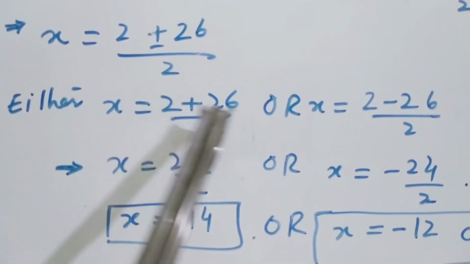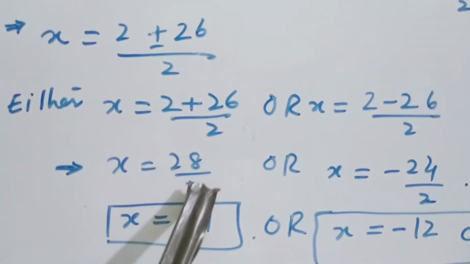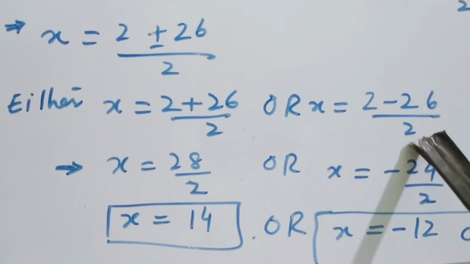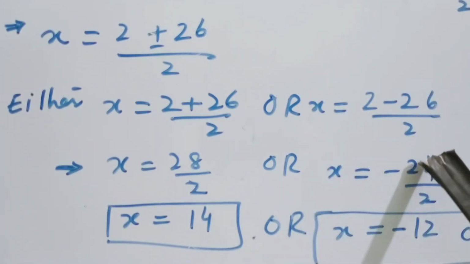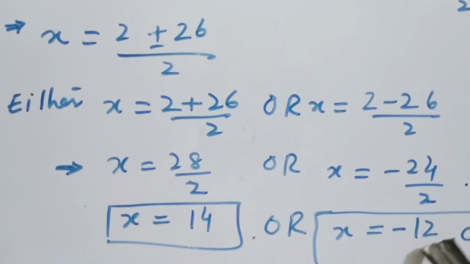So here are the two values: 2 plus 26 divided by 2, that is 28 divided by 2, that is equal to 14 over here. And another value, x is equal to 2 minus 26 divided by 2, that is minus 24 divided by 2, that is x equal to minus 12 over here.